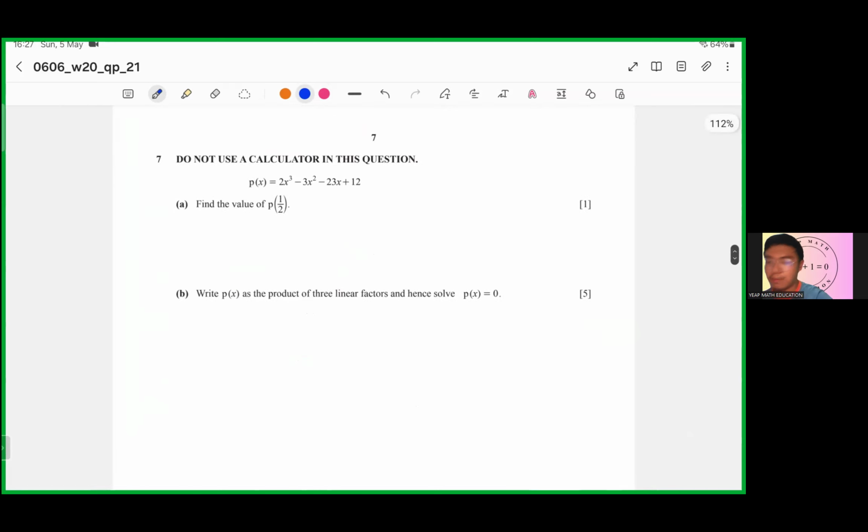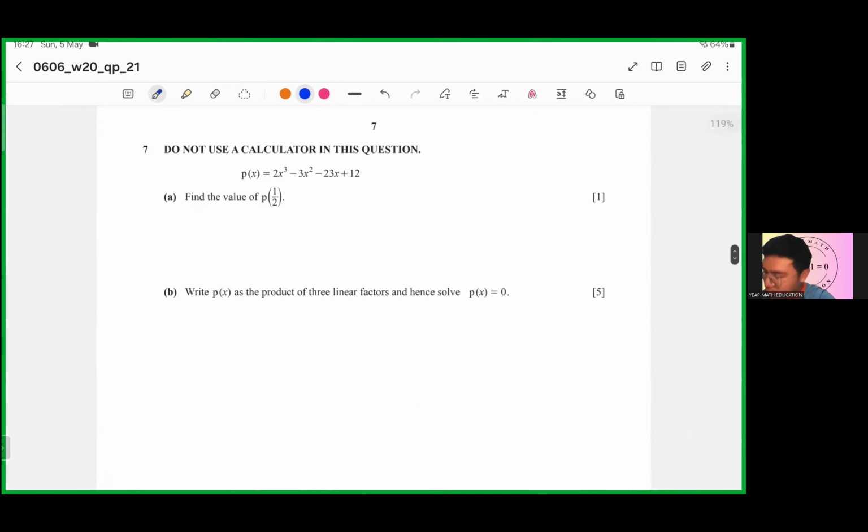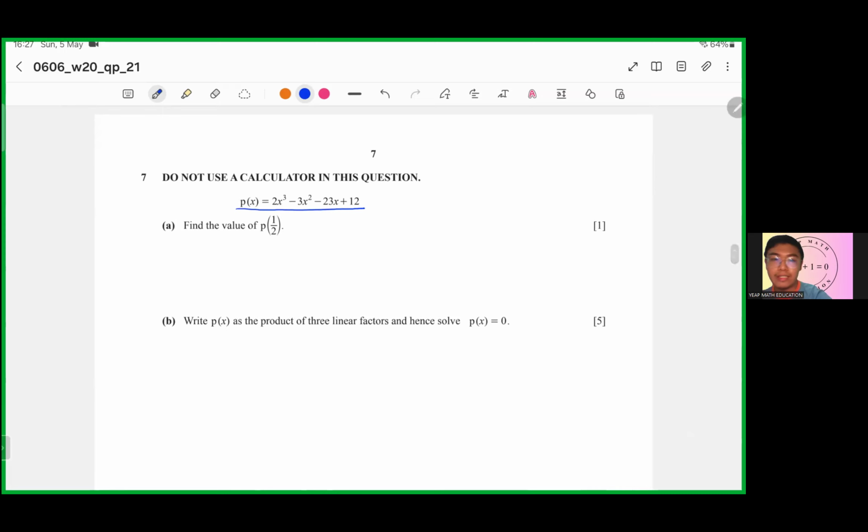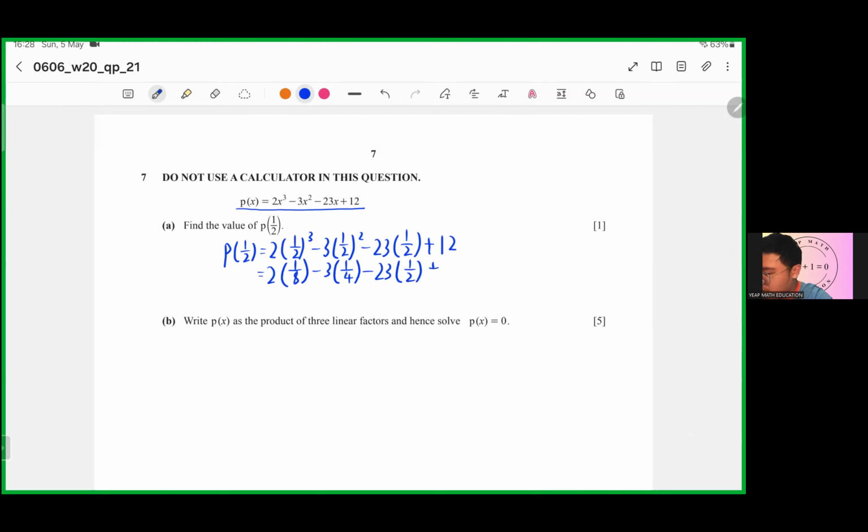So we see our next part, question 7. This is a polynomial function, or we can say cubic function. Find the value of p(1/2). You cannot use the calculator, so just write this step: 2 times 1/8 minus 3 times 1/4, and then minus 23 times 1/2 plus 12.